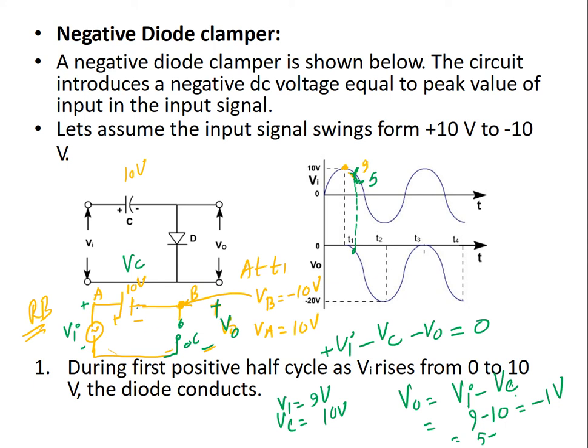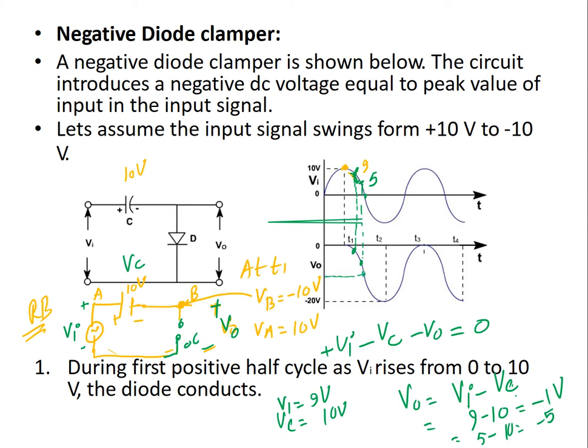So this is basically acting as a constant 10 volt DC source, and its value remains constant while we are in the reverse bias region. So 5 minus 10 will be minus 5, so till this point we will get minus 5 here. And here we get 0, so 0 minus 10 will be minus 10 volt.